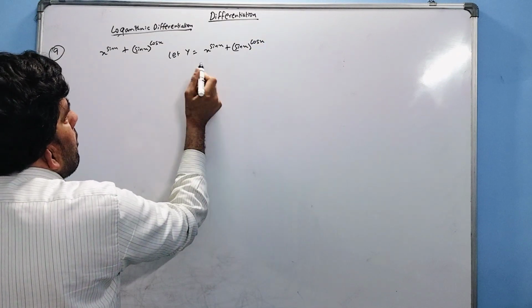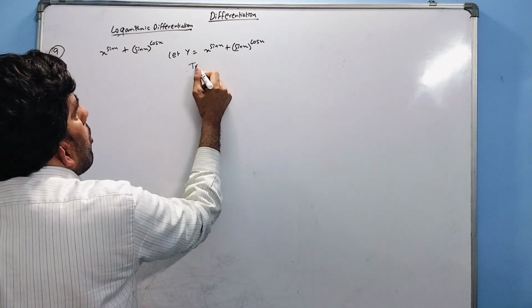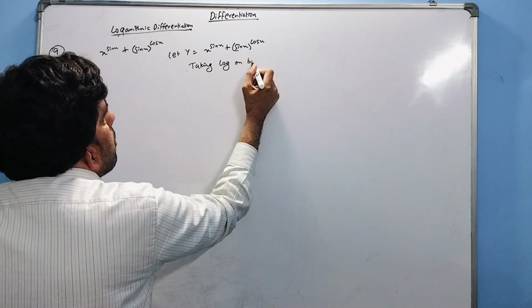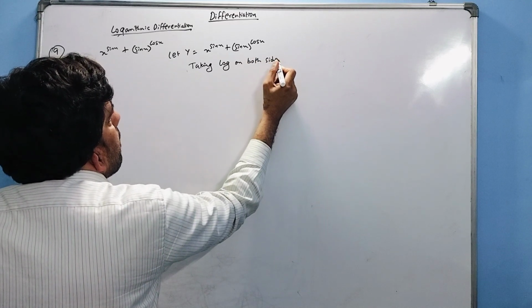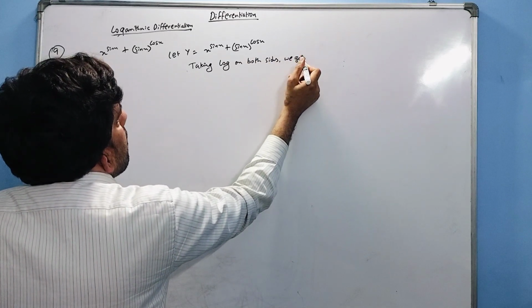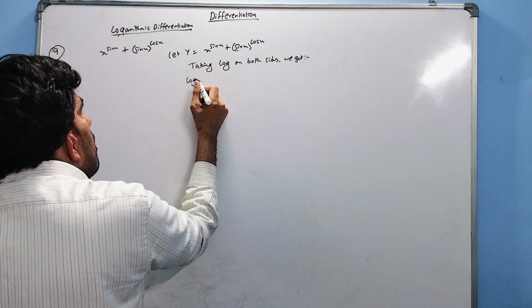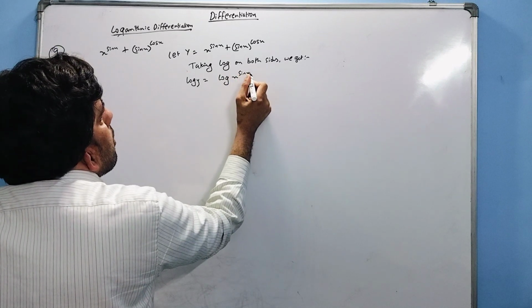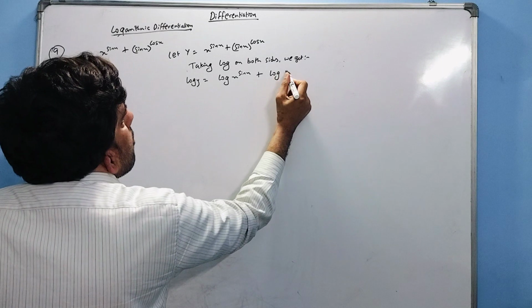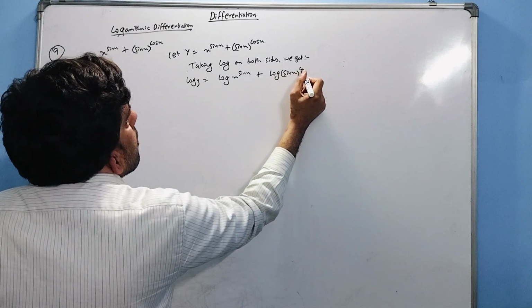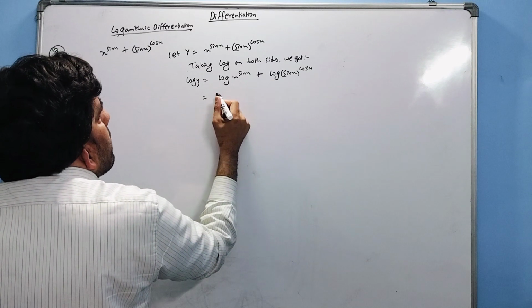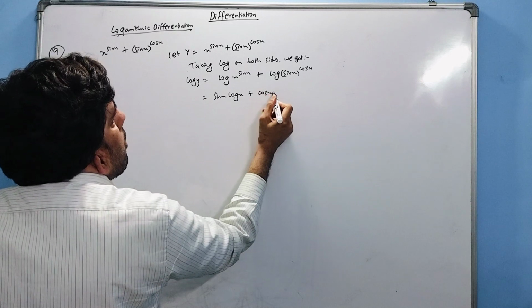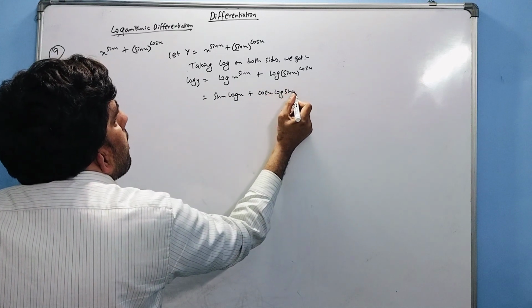Taking log on both sides, we get log of y is equal to log of x raised to power sin x plus log of sin x raised to power cos x. We can take this as sin x log of x plus cos x log of sin x.